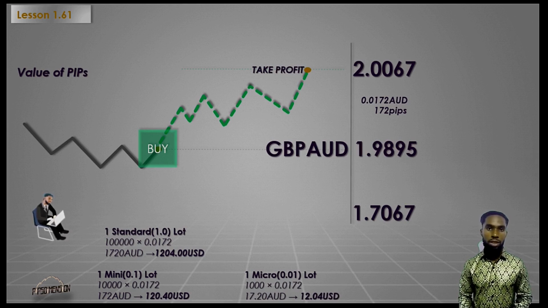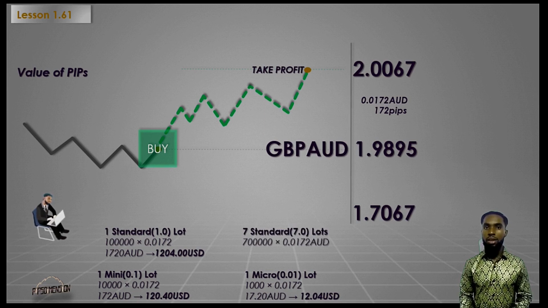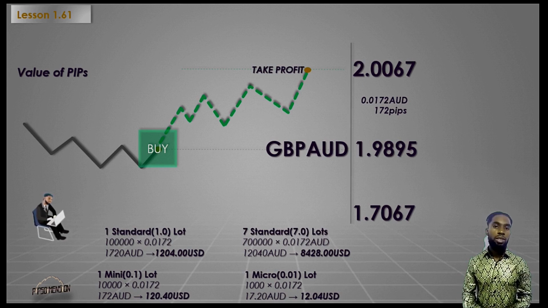Or if he traded with 7 lots, then the value of the 172 pips will be 700,000 multiplied by 0.0172. That will be 12,040 Australian dollars. And this is converted into the trading currency and added to the trader's account. So you see, two traders can make the same number of pips in profit, but if they use different lot sizes in their trade, they are going to make different amounts of profit on their account.